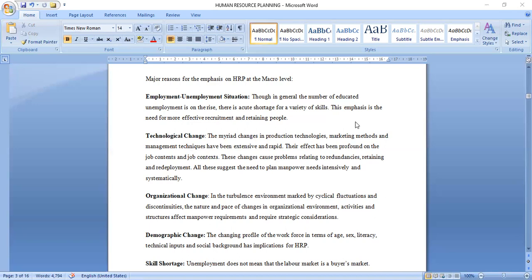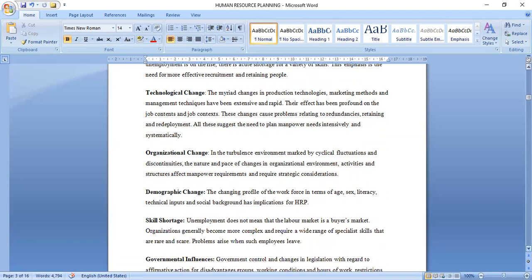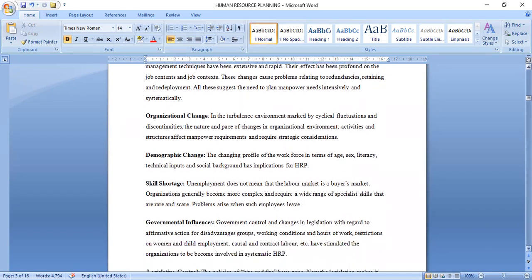So human resource planning in this perspective will come in basically because if technology has changed, then definitely also the people, the workers also have to be in line with that technology.